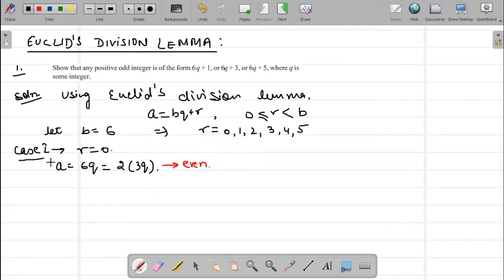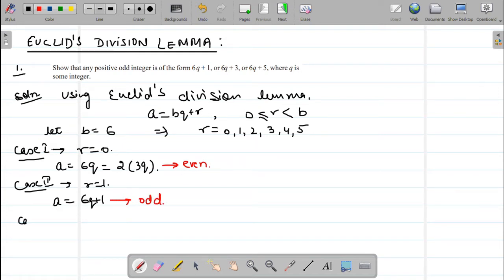Right, then going to case 2. Case 2, r equal to 1. So a will come out to be this time 6q plus 1. I cannot write it as a multiple of 2. I cannot take a 2 common throughout. So that's why this is an odd number. This is the basic difference between an even and the odd number.